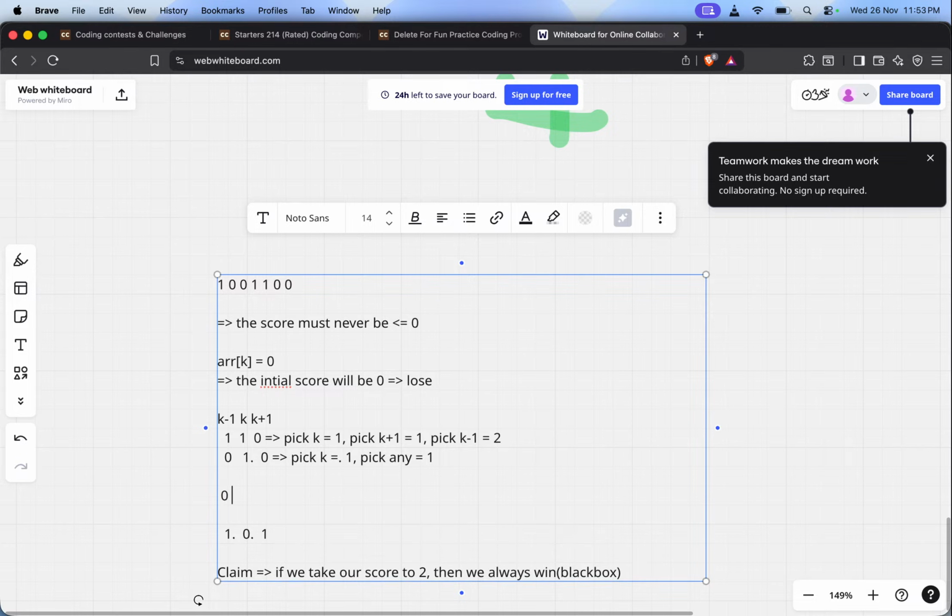We know 1 0 is for sure available. Now if we had picked this 0, then maybe the next element is again a 0, and maybe the next element after it is 1. We picked this in the first step, score is 1. Now we pick any of them.